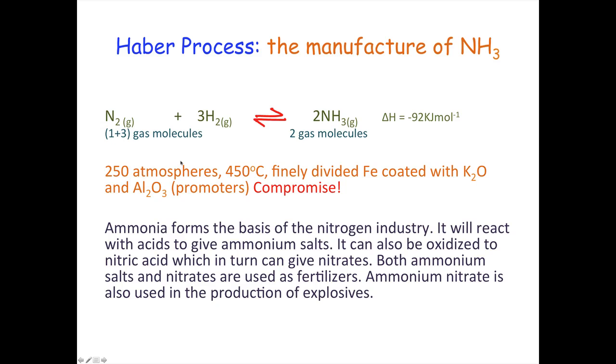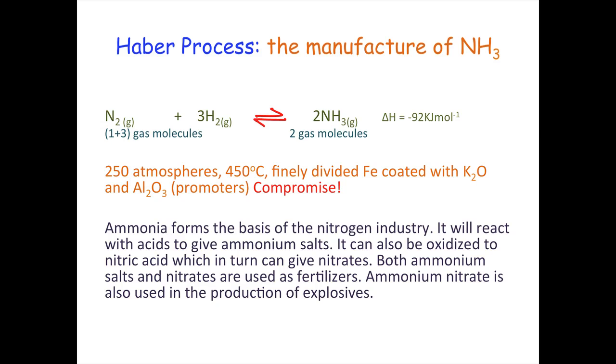The thing is that, as I said before, you have to also consider the economics behind it. Because to get 250 atmospheres, it means that you have to use compressors. So you have to use pumps and so on to generate this high pressure. And those compressors would require a large amount of energy.